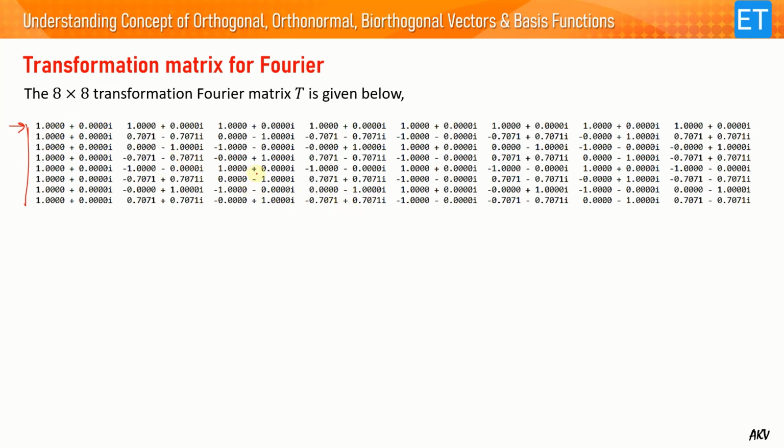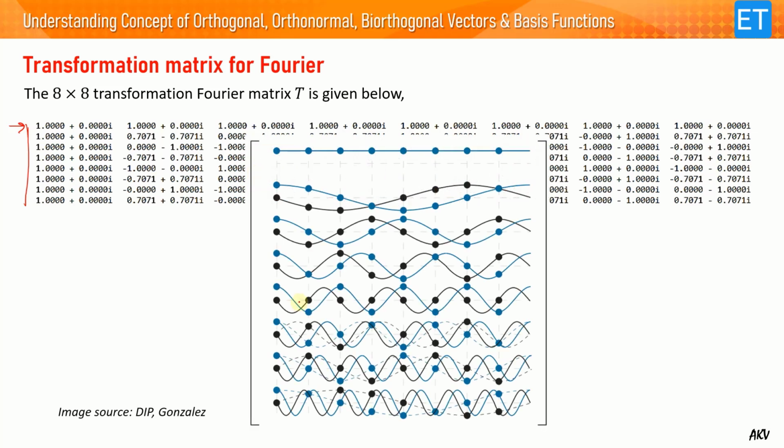Okay, so these values are shown graphically in this figure. Okay, so this is 8 by 8 matrix actually. So the first row is having value 1, 1, 1, all 1. You can see 1, 1, 1, and 1. And similarly, the first column also having the values 1, 1, 1.